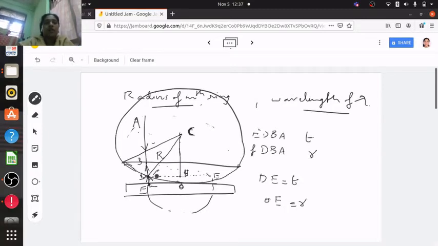So consider the right angle triangle CHD.